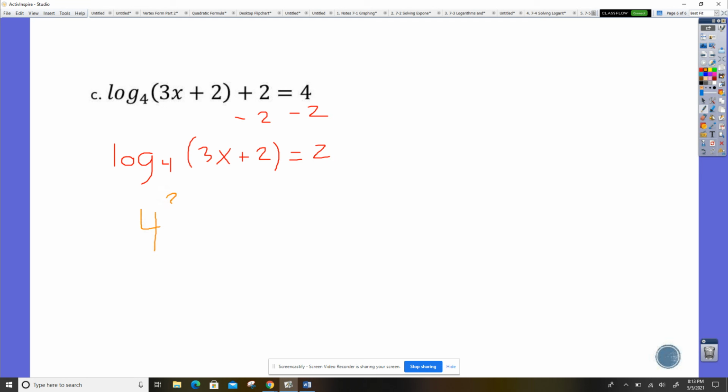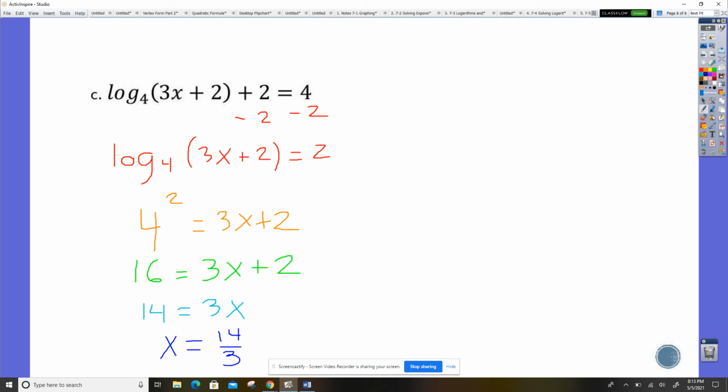So 4 to the power of 2 is equal to 3x plus 2. Well, 4 to the power of 2, that just gives me 16. So 16 is equal to 3x plus 2. Then I solve for x. So first thing I'm going to do is subtract 2 from both sides, and I get 14 is equal to 3x. And then divide by 3. So x is equal to 14 over 3.